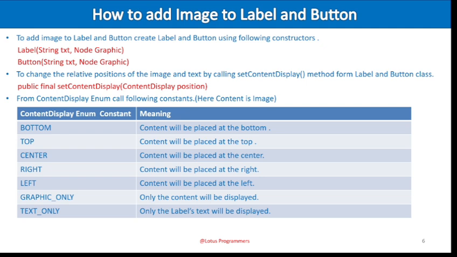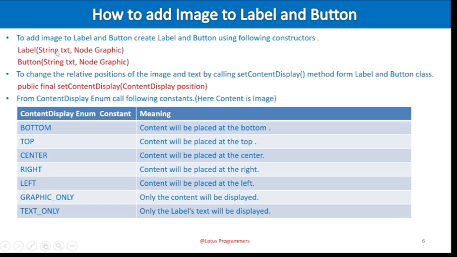Next, suppose the images are directly added to an ImageView, and the images can also be displayed from label and button controls. If you would like to add an image to a label, we call the Label constructor with two arguments.